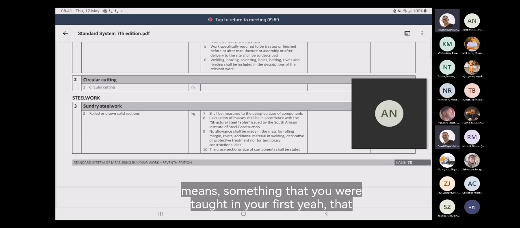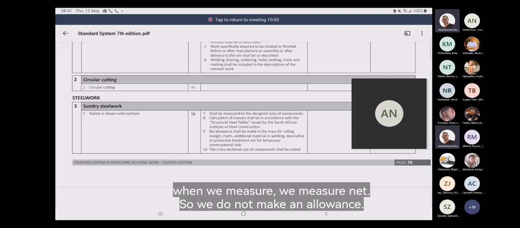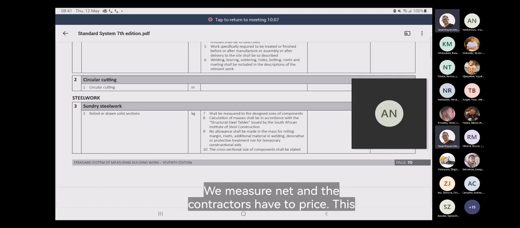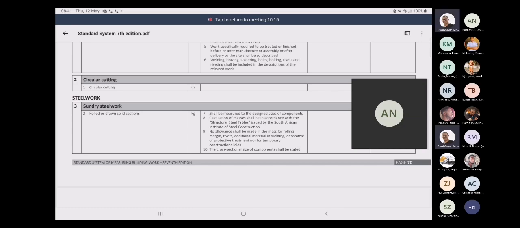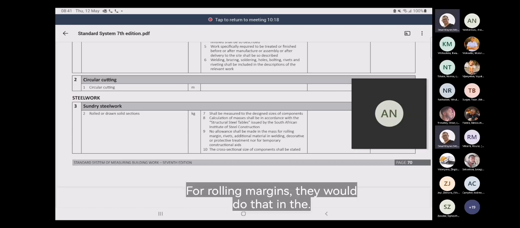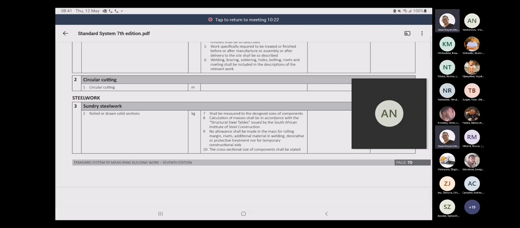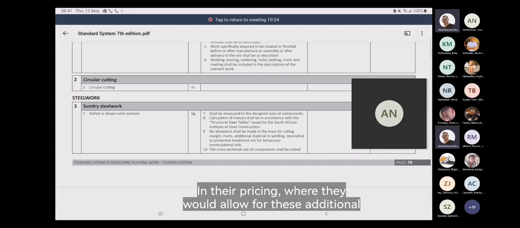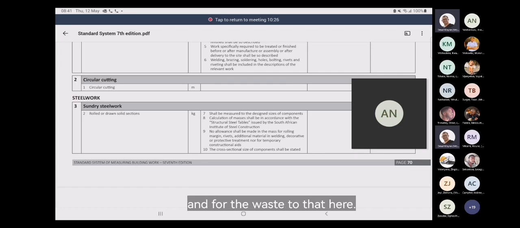What that means, something that you were taught in your first year, that when we measure net, we do not make an allowance, and the contractors that would price this would then allow for these additional weldings, rivets, for rolling margins. They would do that in their pricing, where they would allow for these additional and for the waste to that here.